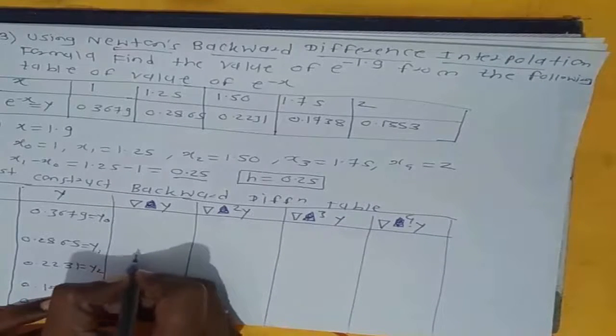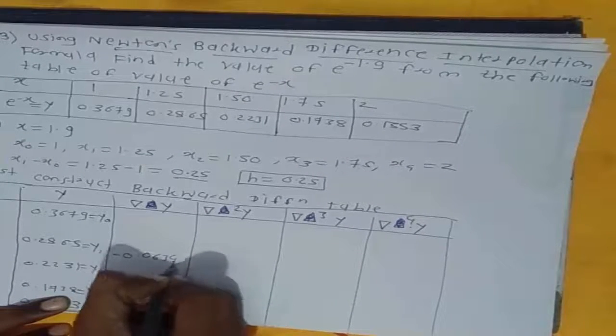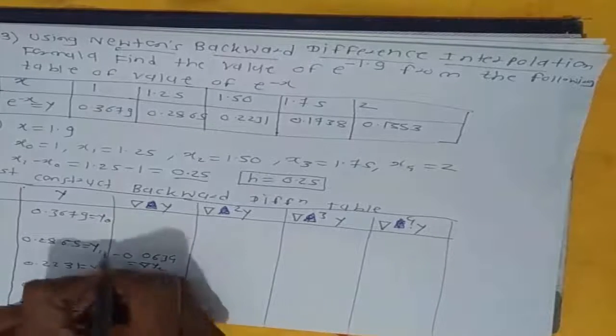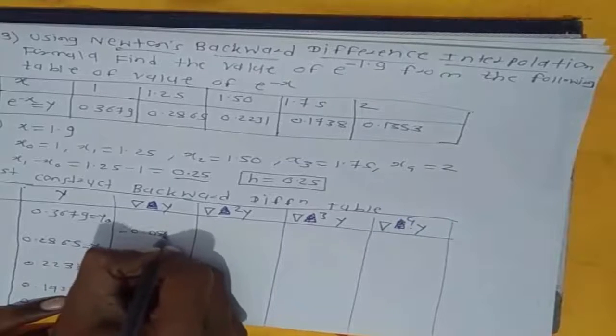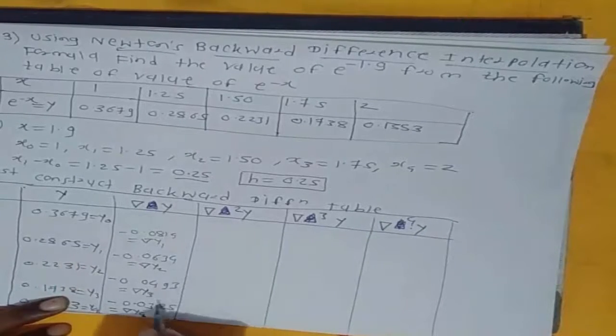Again y2 minus y1 gives minus 0.0634, which is del y2. Then y1 minus y0 gives minus 0.0814, that is del y1.